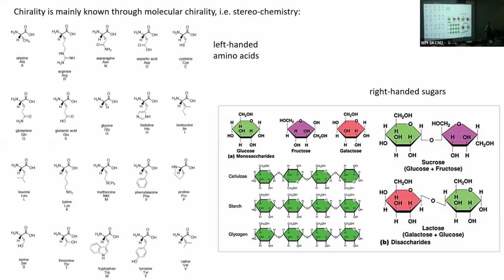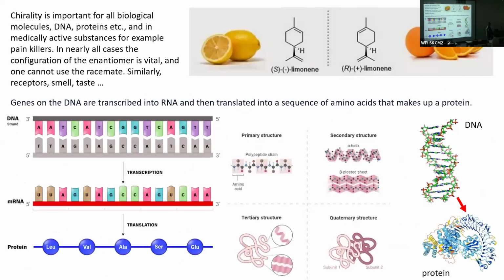And sugars, similarly, are all right-handed. You can have glucose, fructose, and so on. You can polymerize them so that they become cellulose or starch. You can combine them into sucrose. All of these are right-handed. So there must be some kind of idea behind this that nature has. And we might come back to this in a bit.